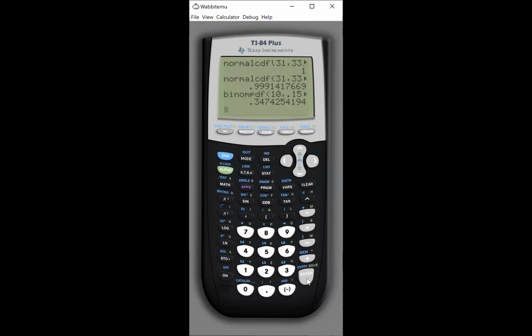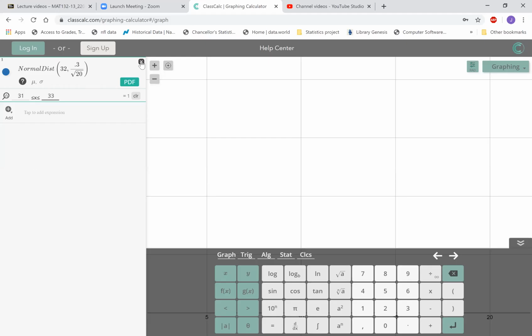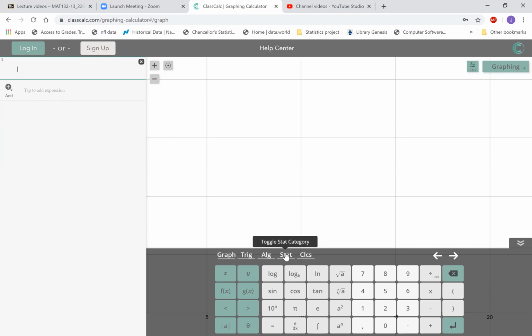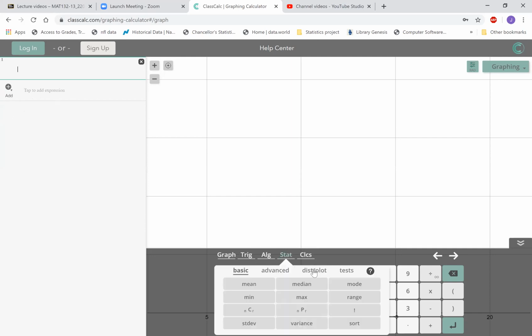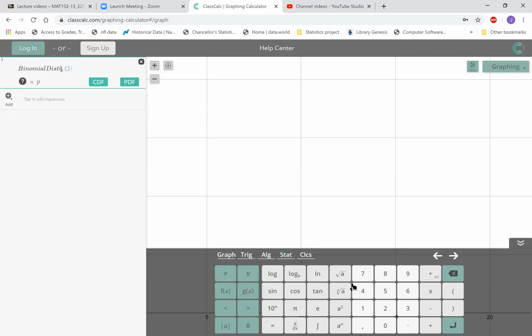Up next is for the people who have ClassCalc. If you have ClassCalc, you go to stats, you go to distribution, and you go to binomial distribution.